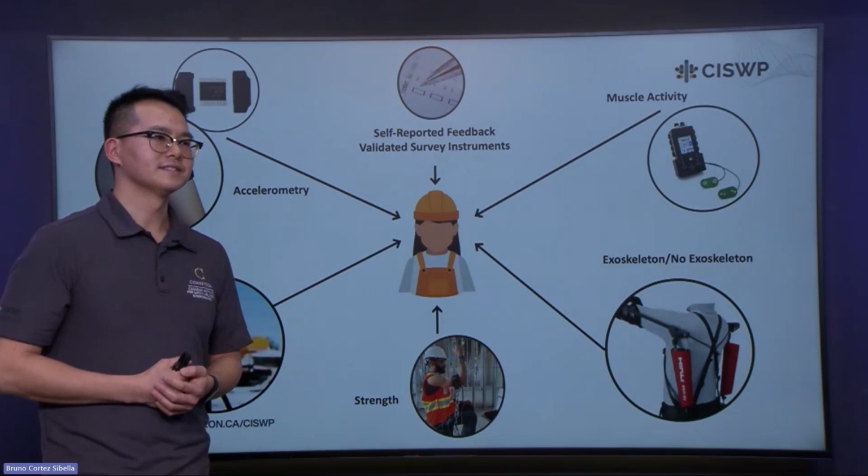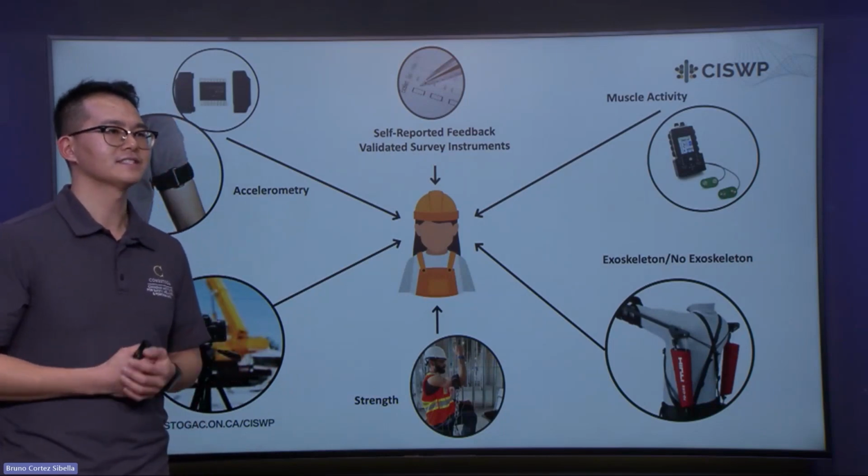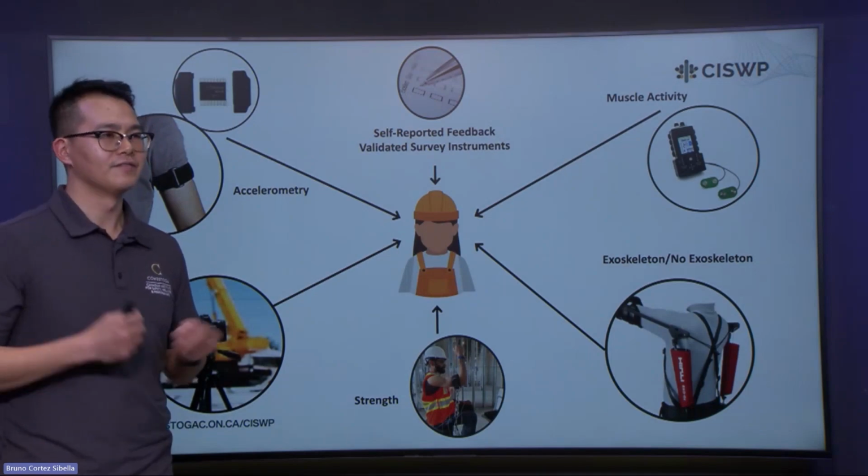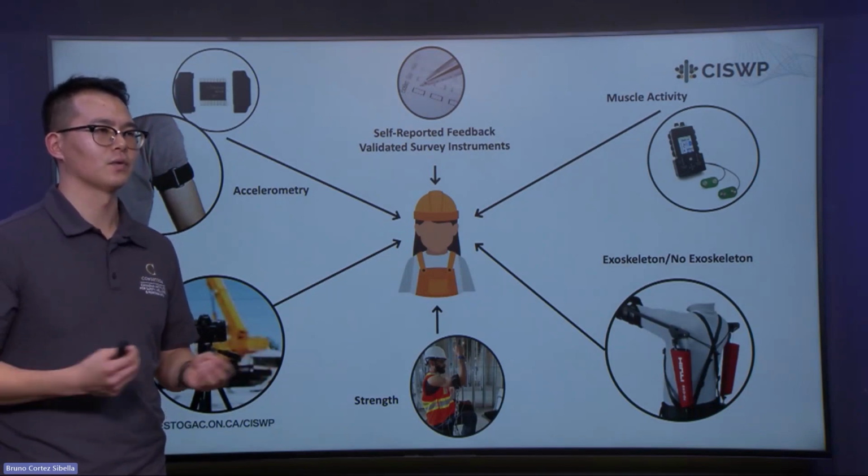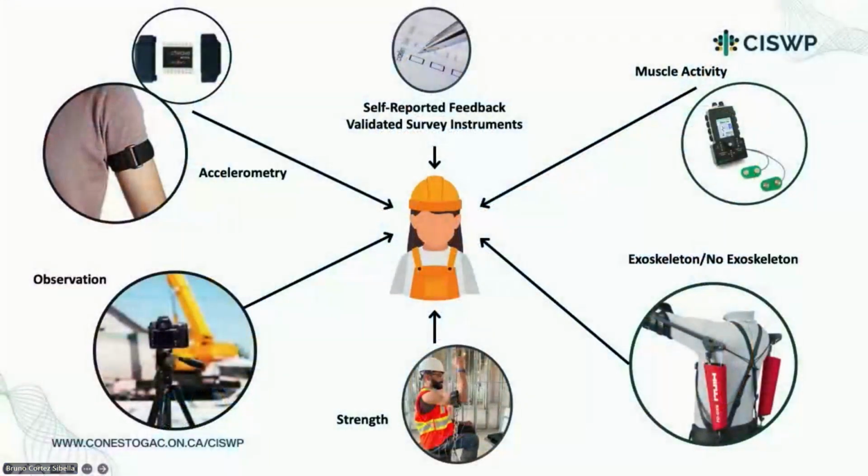The test battery consisted of a set of measurements that allowed us to explore the effects of exoskeletons on various domains of the worker. We collected self-reported discomfort and fatigue through validated questionnaires, and we measured muscle strength and muscle activity through a maximum voluntary contraction with EMG or electromyography.